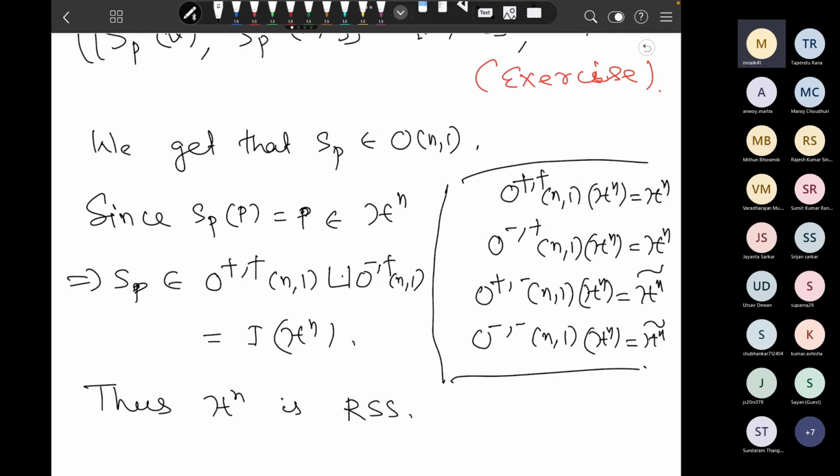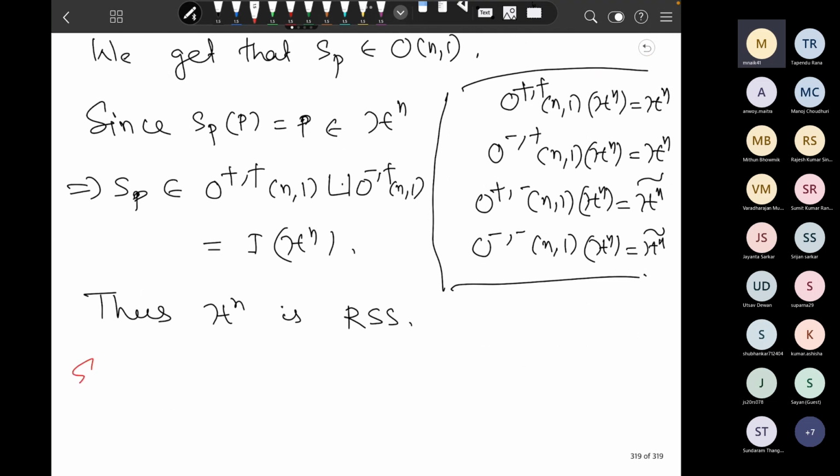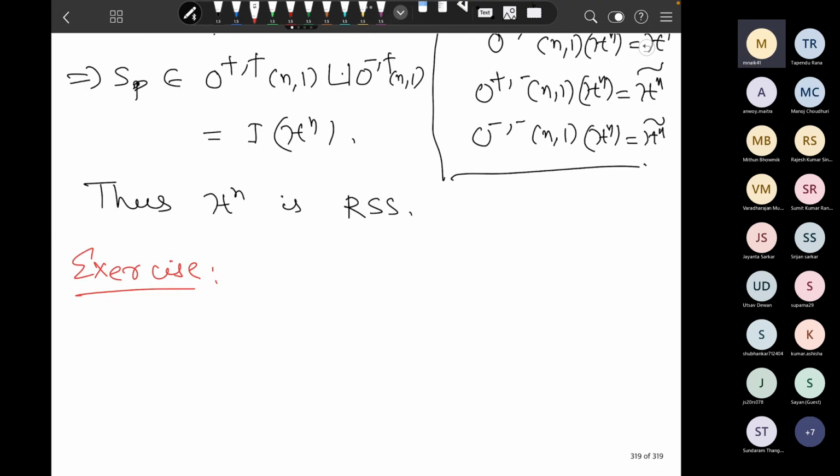Okay. As I told, it is not really good to use this knowledge of the isometry group. So one can also directly verify that, and I am giving you that exercise. Directly, without using the fact that the isometry group of HN is really O plus (n+1).